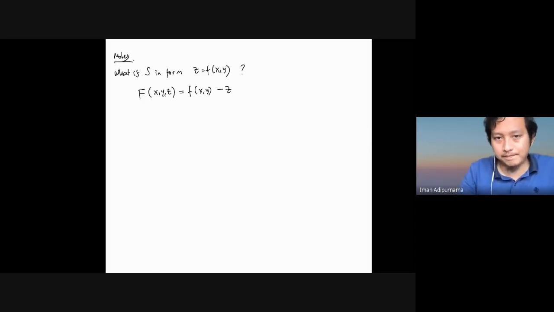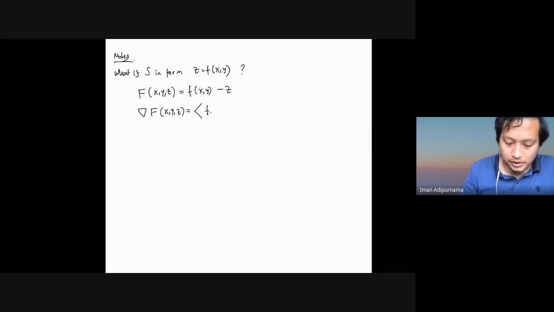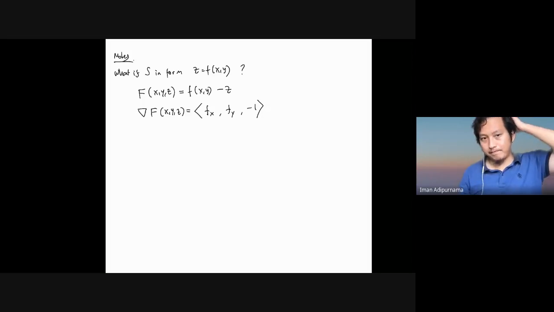Okay, so you have the gradient vector, so you will get partial x, partial y, but this is just -1. So what happens to the tangent plane?